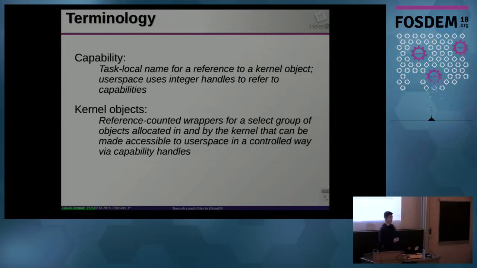You can imagine the analogy of VFS files where you have a file handle, which is the integer reference, where you have in the kernel the table of open files, which is basically an array of capabilities, and elements of this array then point to the underlying VFS object, which would be the kernel object.